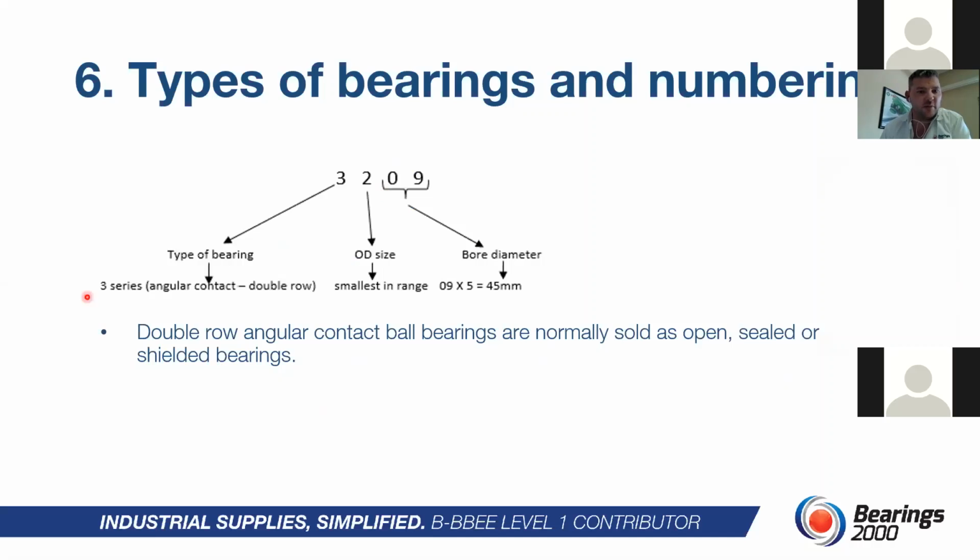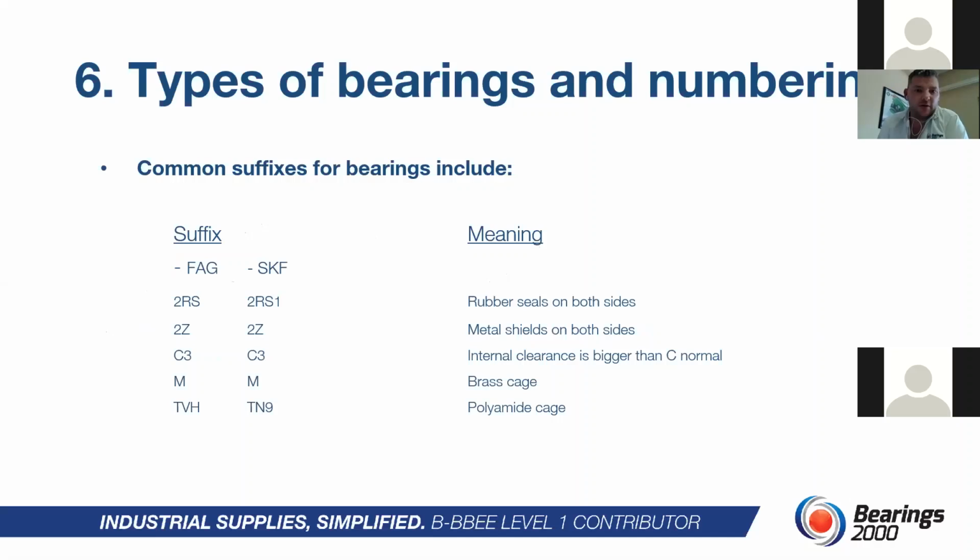It's a 3 series bearing with 4 digits. It tells me it's a double row angular contact. That determines the OD, and that determines the inside diameter. Double row angular contact ball bearings are normally sold as open bearings, sealed bearings, or shielded bearings. To have a quick look at the suffixes.